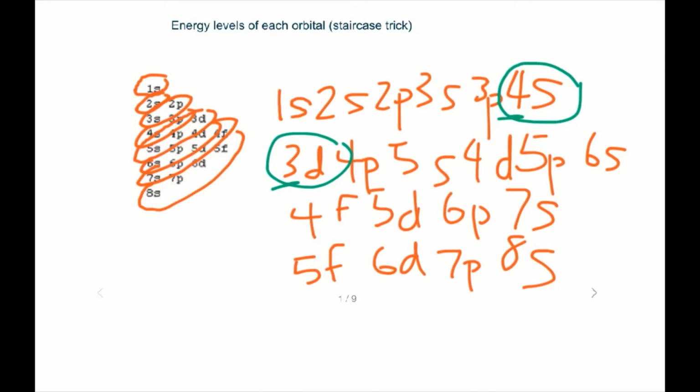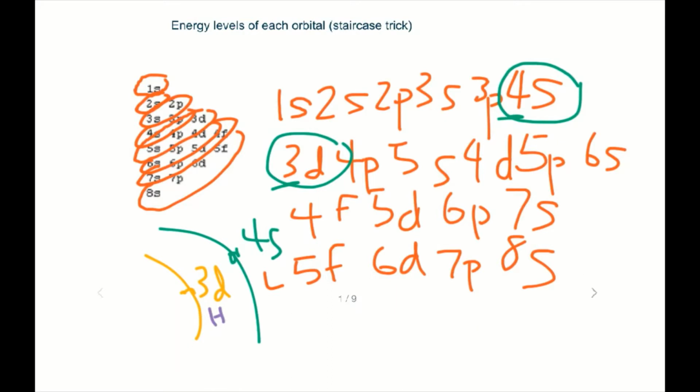So for example, the 4s electrons will be located farther away from the nucleus than the 3d electrons. However, the 4s electrons will have a lower energy state than the 3d electrons, which might have a higher energy state.